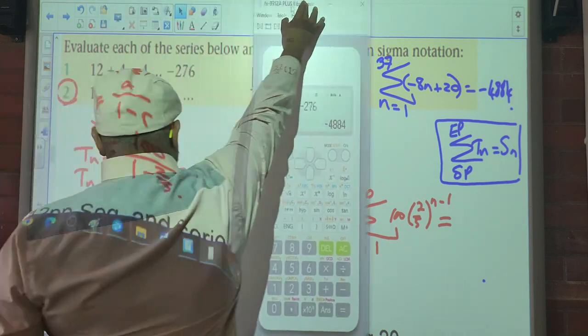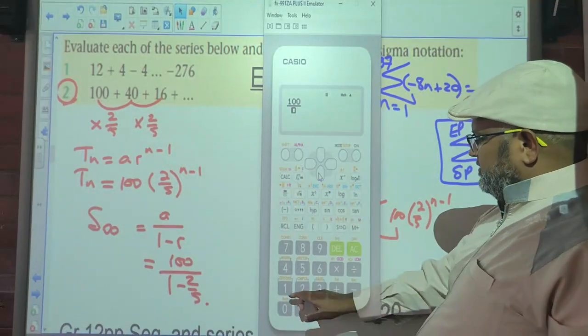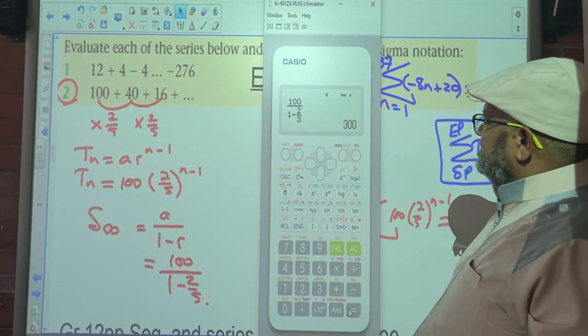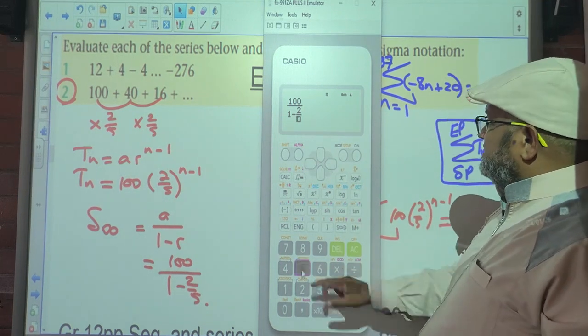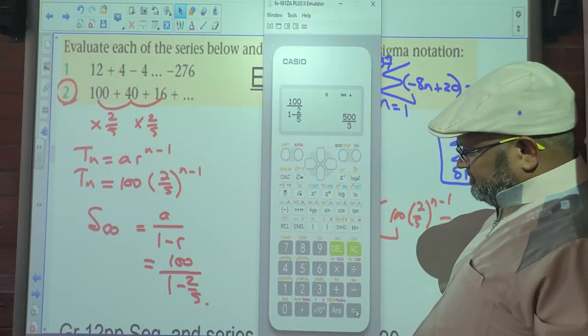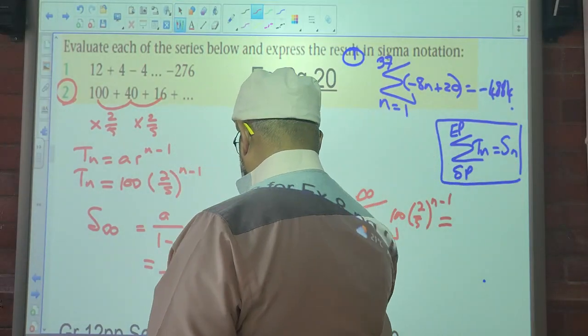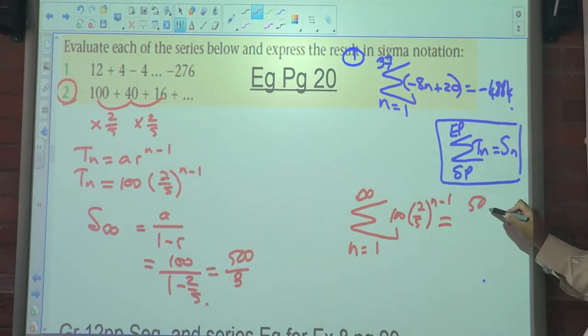Let me just check a quick way around. 100 over 1 minus 2 over 5, oh, 500 over 3. Yep. And that is now equal to 500 over 3.